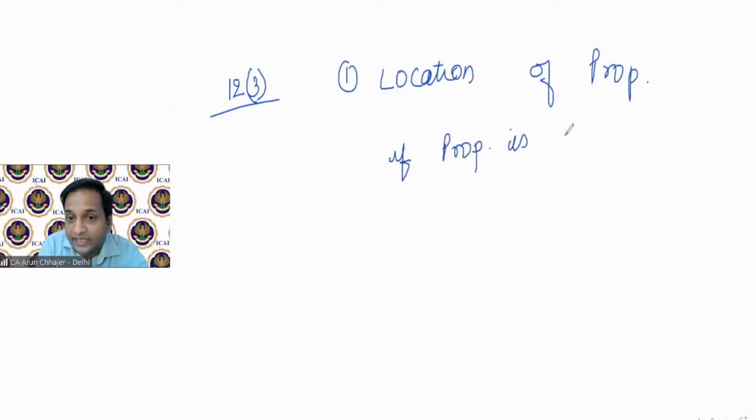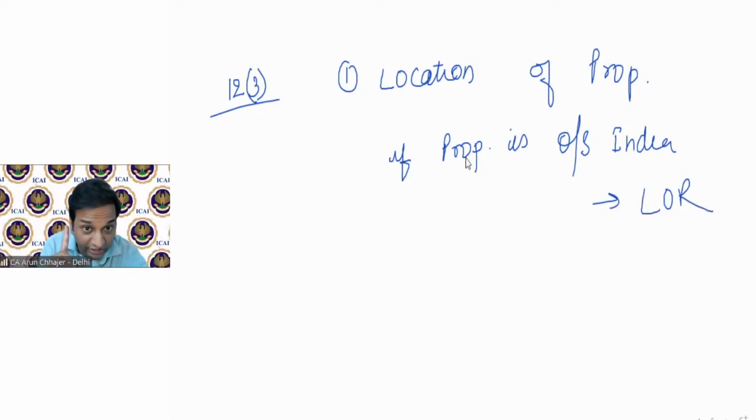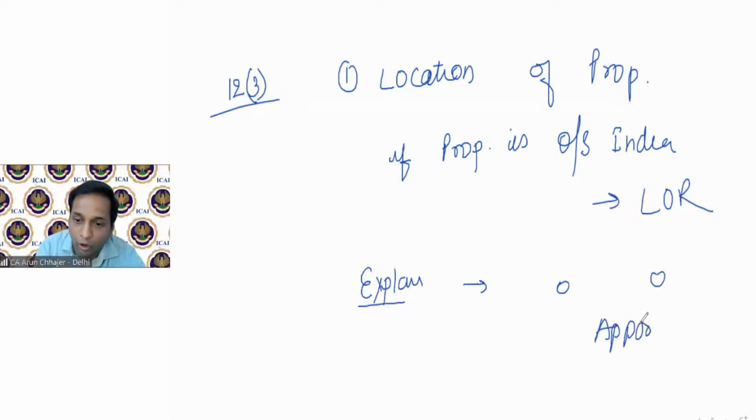If the property is outside India, then the place of supply would be the LOR, location of recipient, right? After that, there is an explanation, which talks about if the property is in more than one location in a state or UT, then it will be apportioned on the basis of the contract. If the contract is silent, then I will follow rules 3 to 9 of IGST.